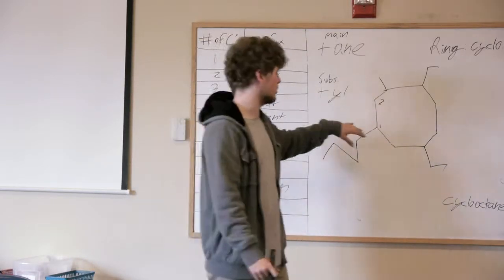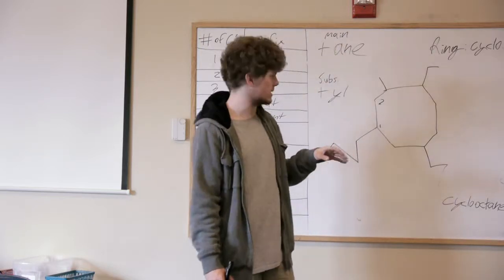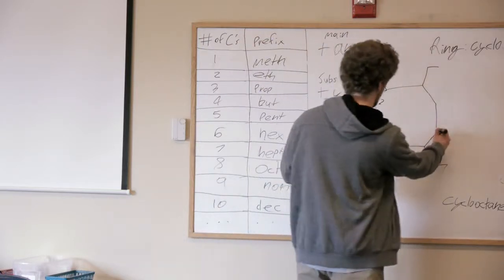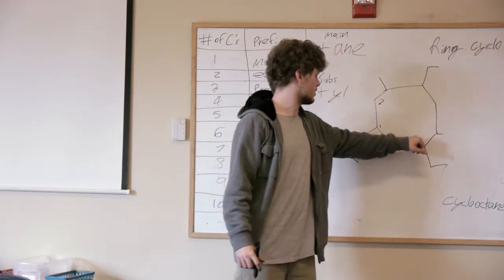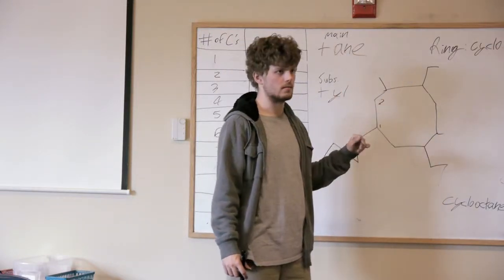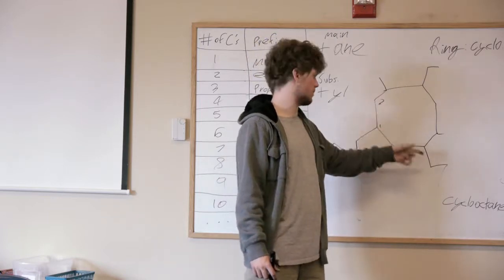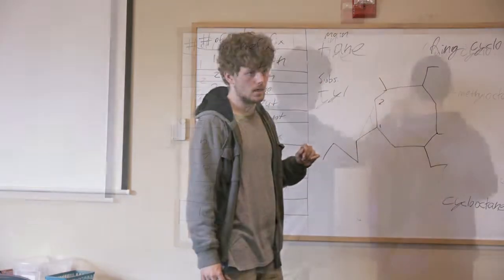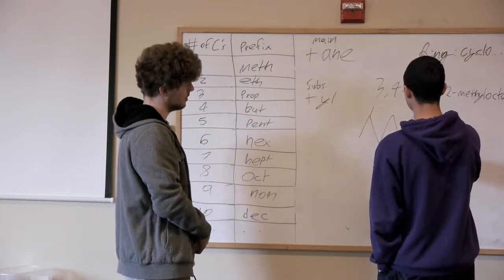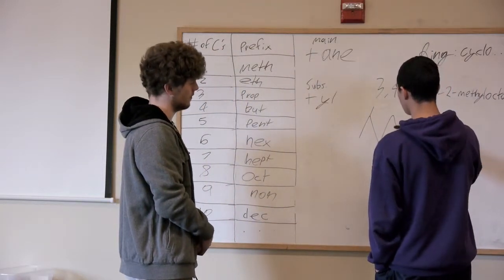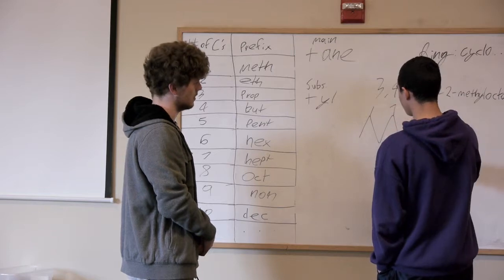If you could go either way and the numbers would add up to the same amount, like if I were to put another group here, then I can go this way or this way. But since M comes before P, I'm going this way. There's a methyl group here, or ethyl. So they both have 2 then.